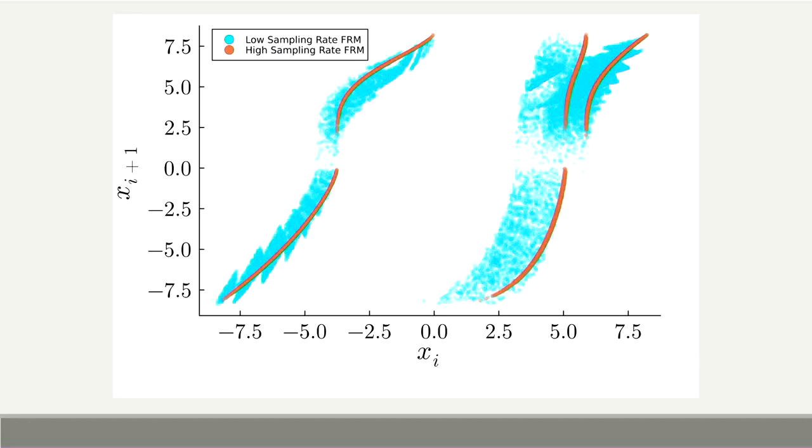But I'm going to use the first return map of the low sampling rate as the data to model and predict, because it's more realistic. In real data, I don't have access to the high sampling rate, and my data can be noisy, so it's more realistic to look at the blue one rather than the orange one.